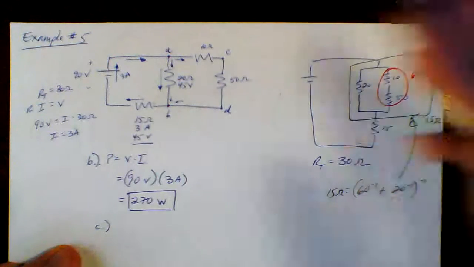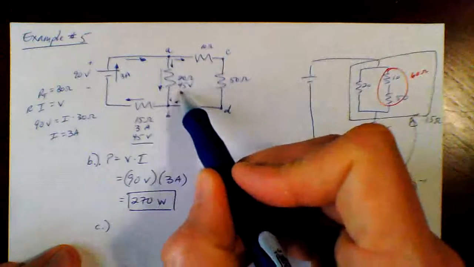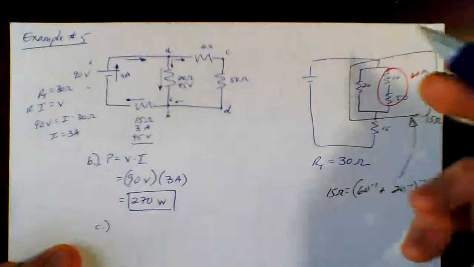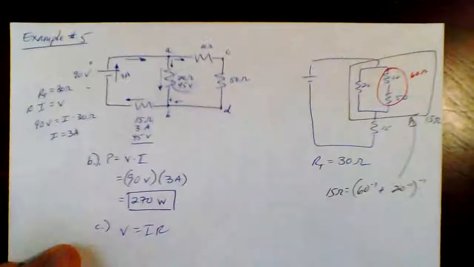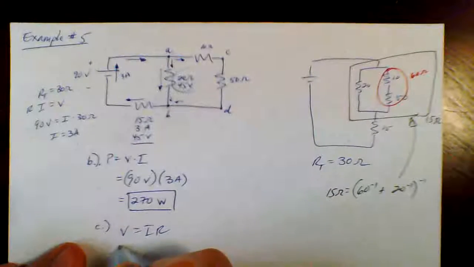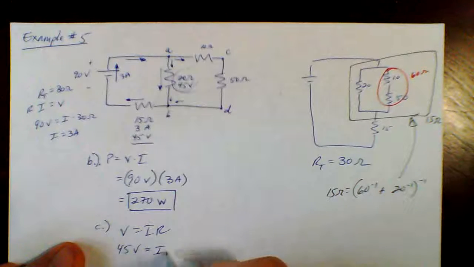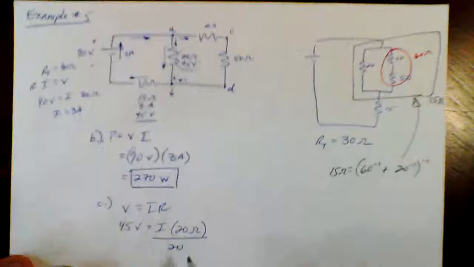So what I want to do is find the current passing through this one, because I know that my current is splitting up here. So I'm going to use V equals IR at this resistor here. I'm going to say voltage is 45 volts and it equals current times 20 ohms. Divide both sides by 20.